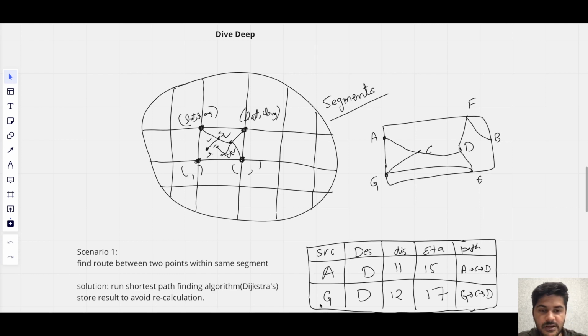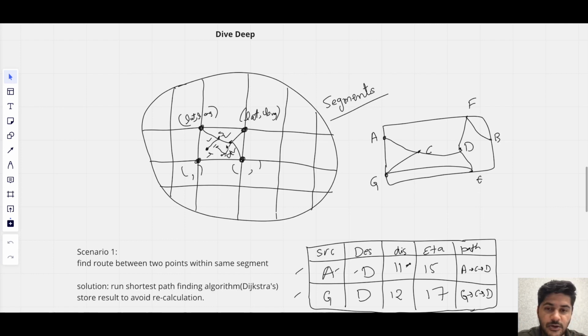So for every point within that segment, we'll create a table like this, that from A to D I have 11 kilometers, and obviously this need not be a straight line, right? This is just a road. It is just a representation of an edge here, right?